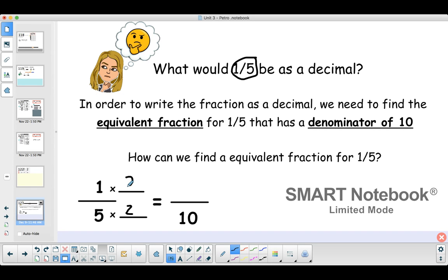They need to be multiplied by the same number. So if I multiplied by 2 in the denominator, I'm going to multiply by 2 in the numerator. And 1 times 2 is 2. So 1/5 is equal to 2/10. So what would 1/5 be as a decimal? If I write 2/10 as a decimal, it would be 0 and 2/10.